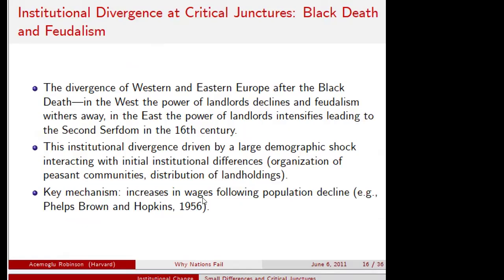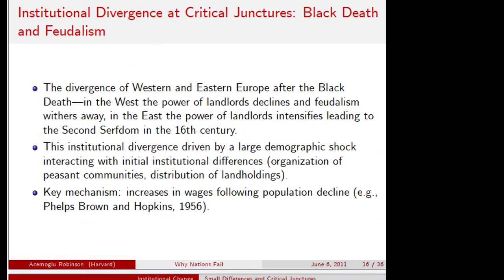So the Black Death, which is the greatest shock in European history. The Black Death struck Europe in 1347, and it went until 1351.